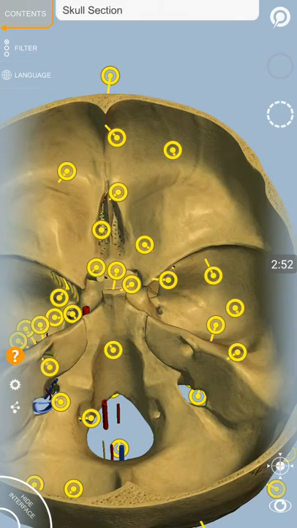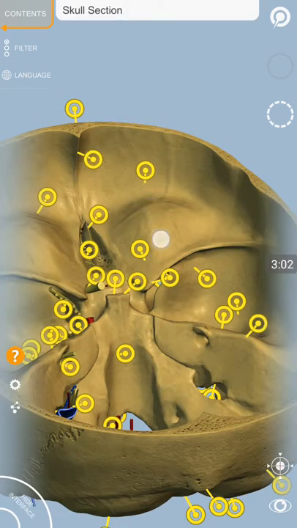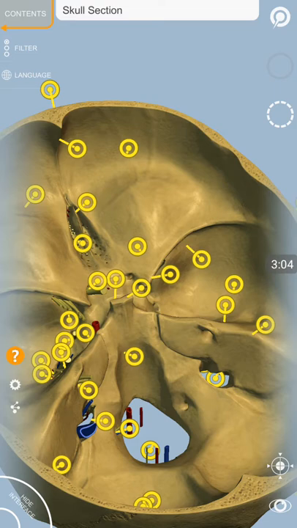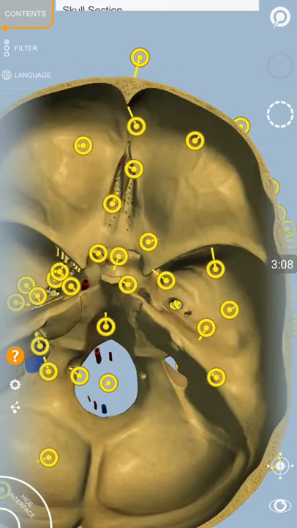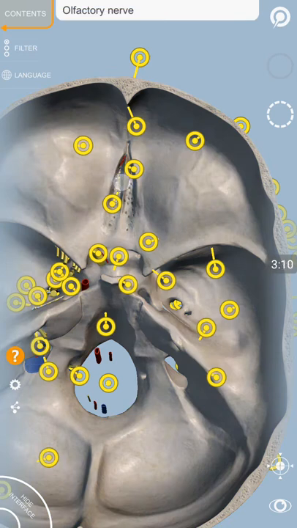Crista galli literally means, just like you see in a rooster or a cock, the red fleshy part on the top of its head. So this is that crista galli.